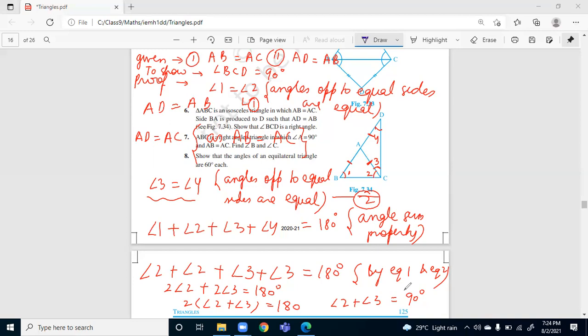So that implementation of theorem is there, and that theorem is angles opposite to equal sides are equal. So do tell me if there is any doubt.